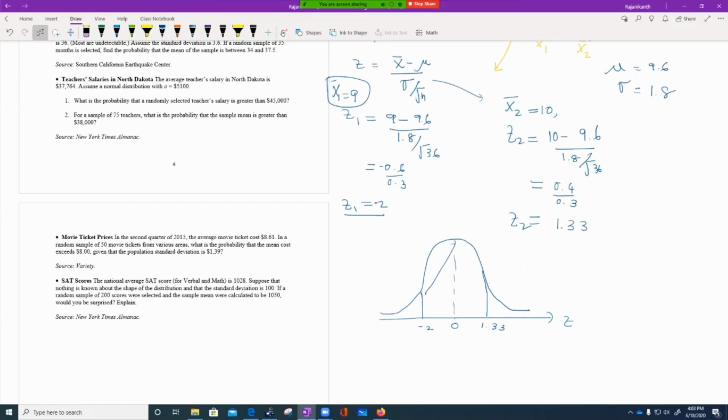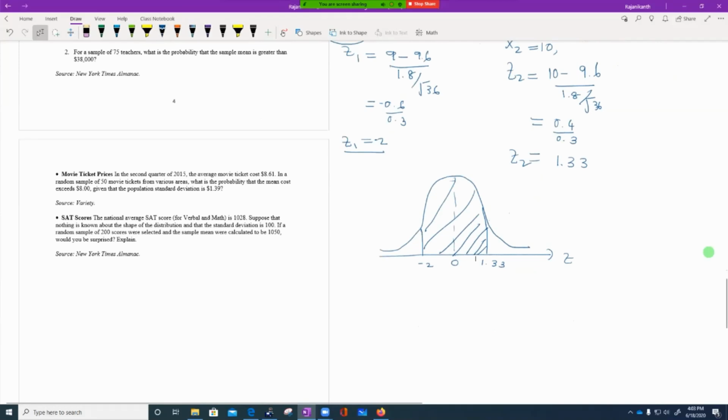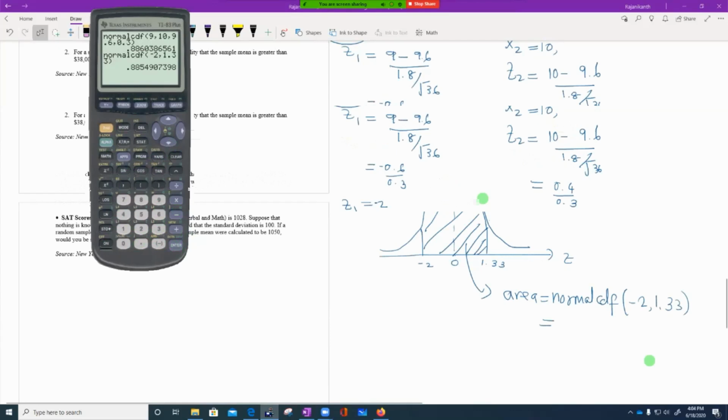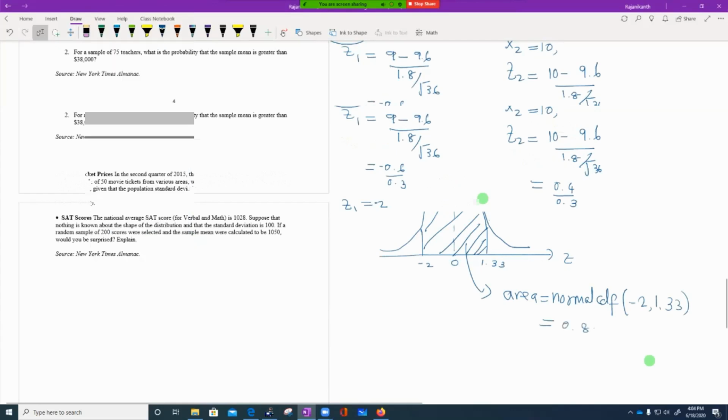So now we need to find this area. Remember, now we are very good because the picture is for a standard normal, therefore the area I want is simply normal CDF from negative 2 to 1.33, right? Find that answer.